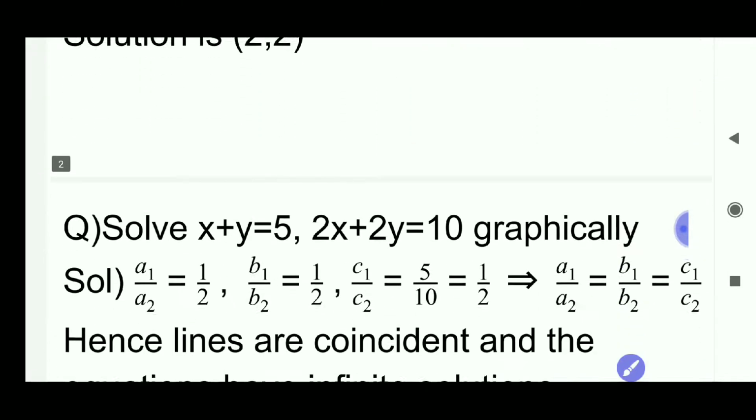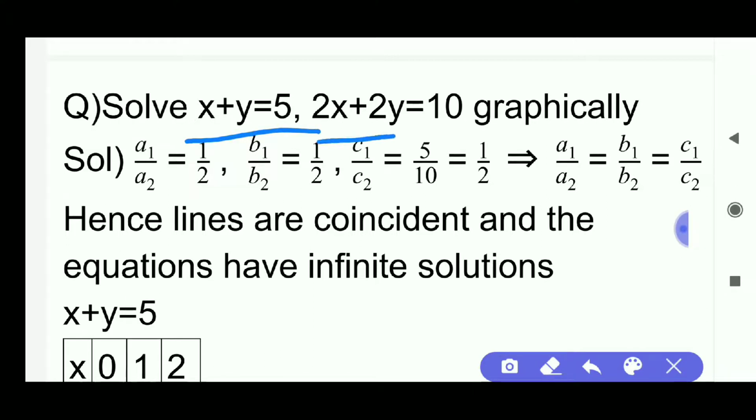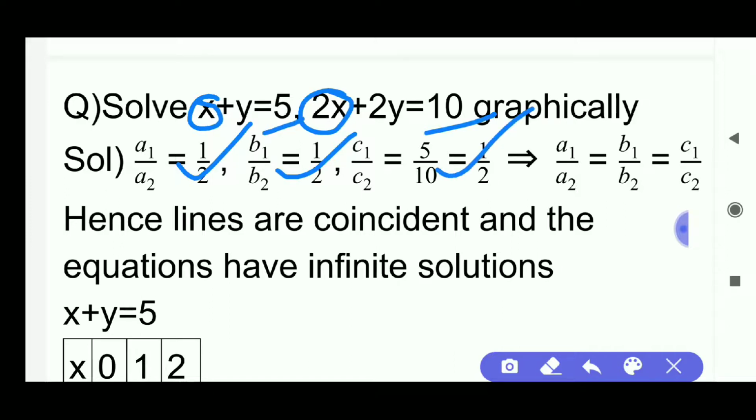Let us go for another question. Solve x plus y is equal to 5 and 2x plus 2y is equal to 10 graphically. Here the value of a1 is 1 and a2 is 2. So a1 by a2 is half. Similarly, b1 by b2 is also half. c1 by c2 is 5 by 10, that is also half. So a1 by a2 is equal to b1 by b2 is equal to c1 by c2.